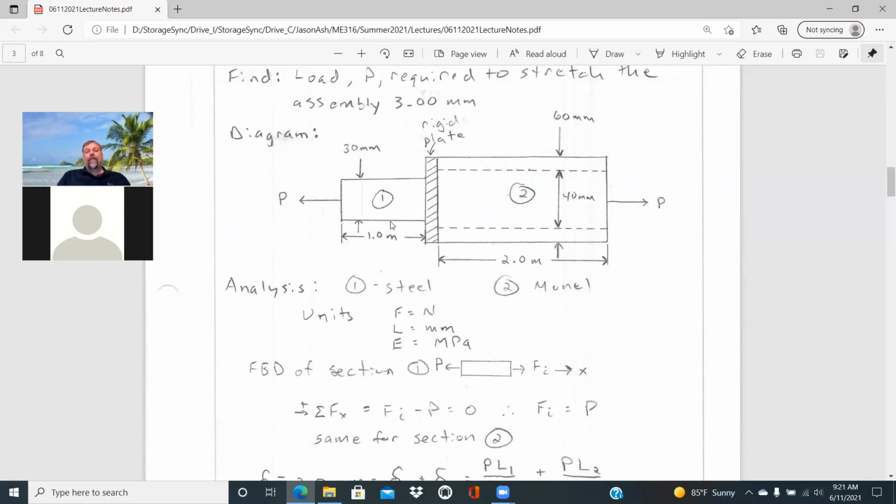If we make a cut through where the 1 is located, there would just be an internal force acting away from the cut. Again, remember our positive convention. And so if we sum forces in the x, we just have F1 minus P equal to 0, which tells you that the internal force there is just equal to P.